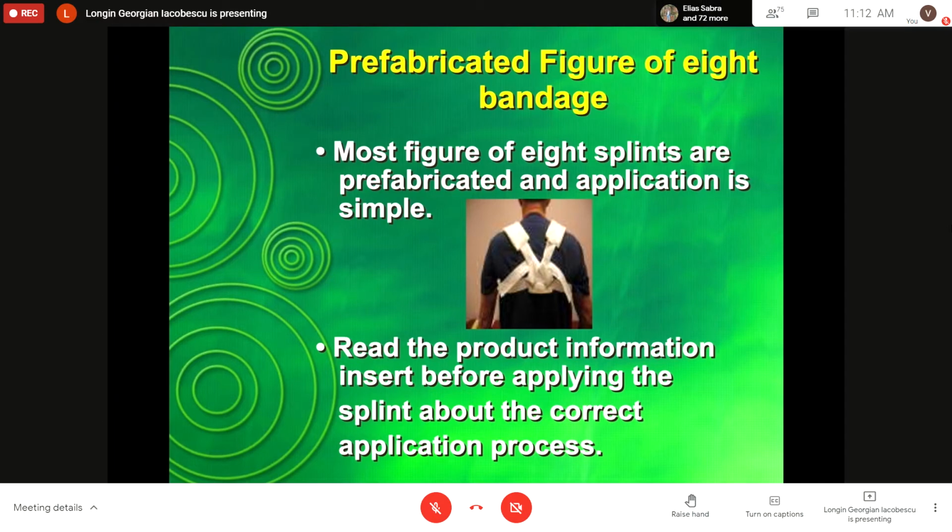So usually they end up with a manufactured figure of 8 or Watson-Jones bandage. The prefabricated ones are more useful because they maintain their shape. The ones that are manufactured usually become very loosened and also very inefficient within 1 week.